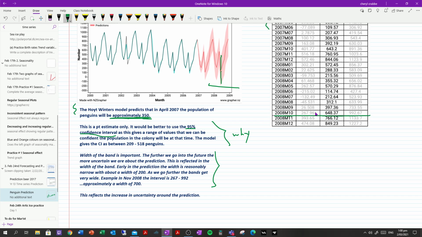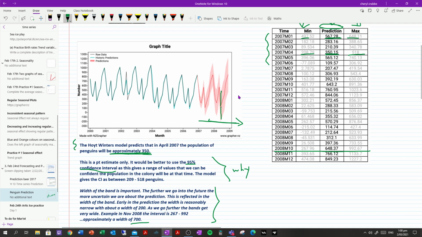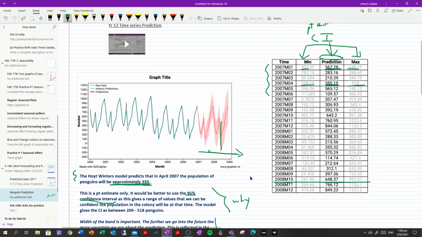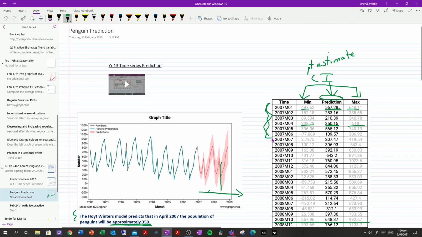So you can see that it goes from about 267 to 992, which is approximately a width of 700. And that's considerably wider than earlier on. And that just reflects the uncertainty in the predictions. So the further that we go into the future, the less certain we are that our predictions will be accurate. And so the mathematical model actually makes our confidence interval wider as we go. So that's why we tend to confine ourselves to early on in the prediction.